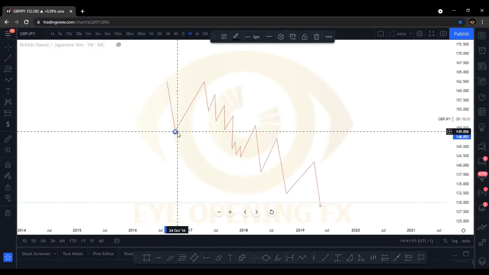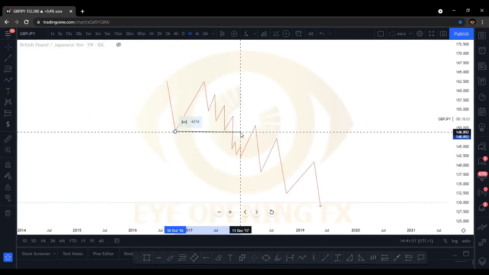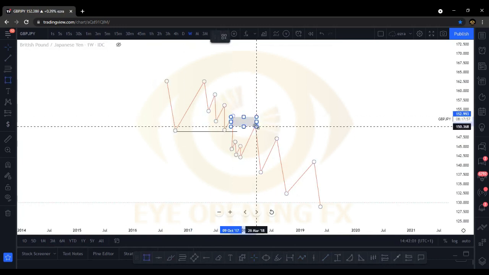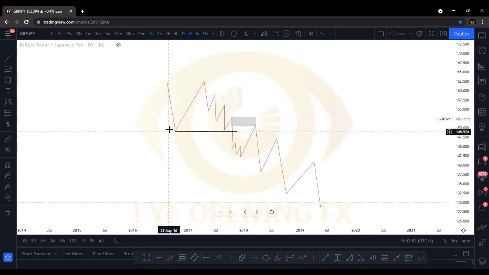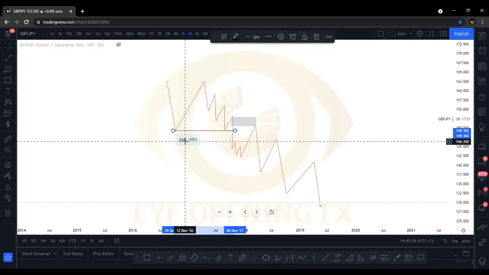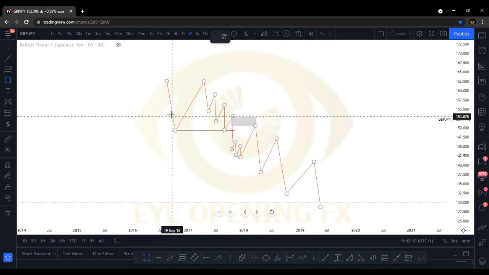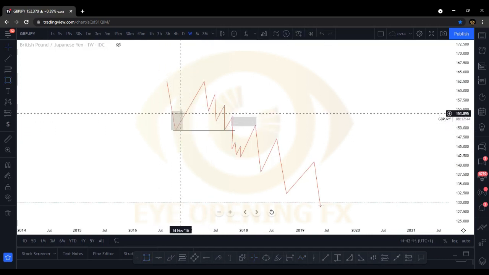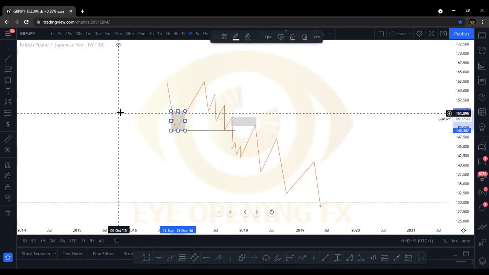So when you see this, that means it used what? Internal structure to create a lower low. The idea of what it used here is the same: that internal structure is also part of what we call the secondary zone.